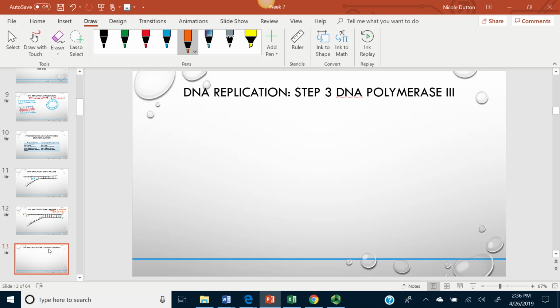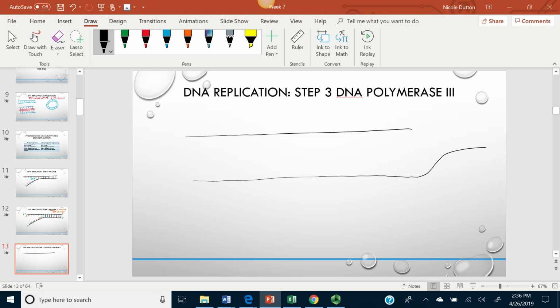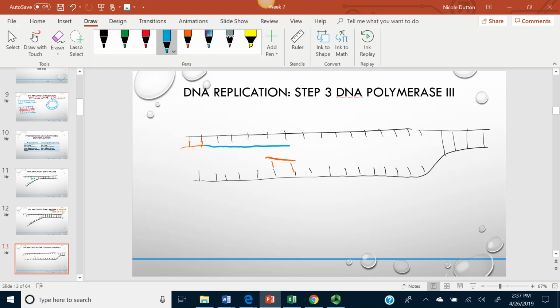So the next step, we have DNA polymerase 3. As helicase opens up more of the DNA, we have our RNA primer that was laid down by primase, and we have an RNA primer that was laid down by primase about here, and then our new DNA is going to be made using DNA polymerase.